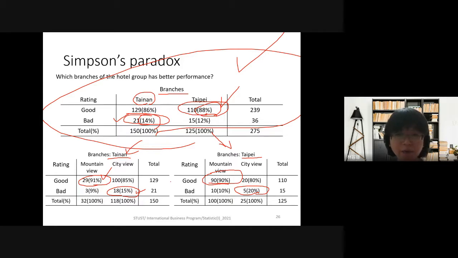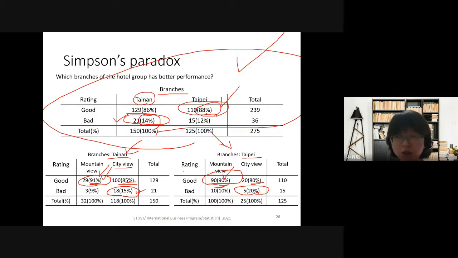Comparing the percentages for the mountain view, Tainan gets 91 percent, but Taipei only gets 19. And for the city view, Tainan gets 85 percent preference, and the city view in Taipei only gets 80.